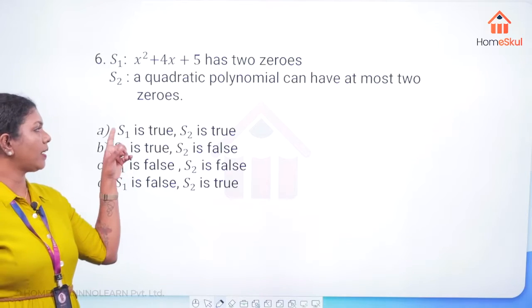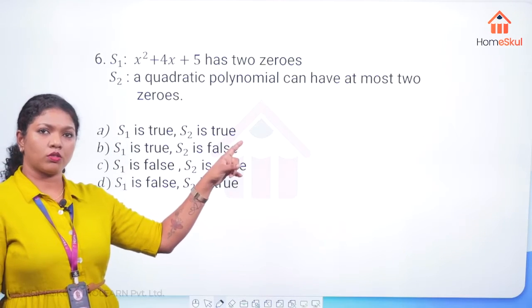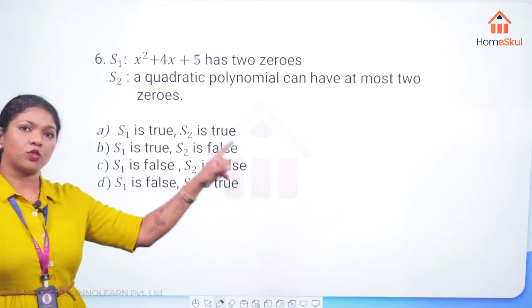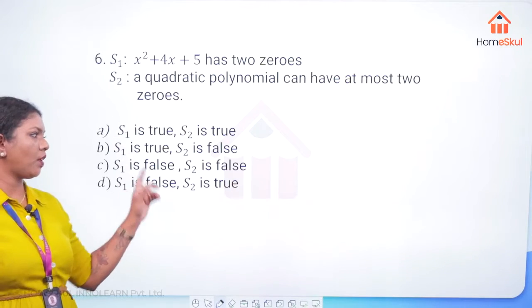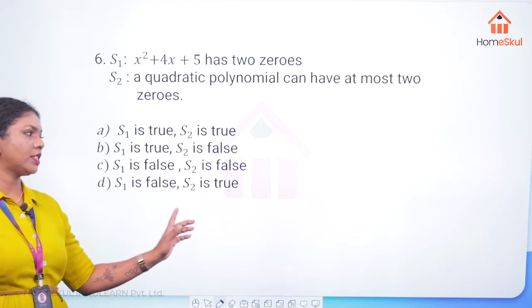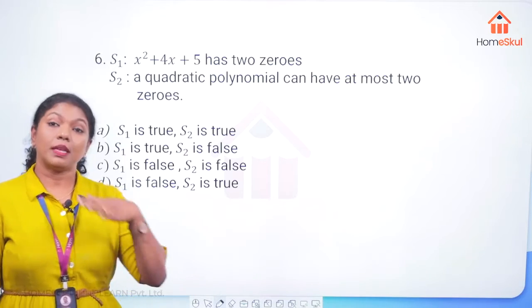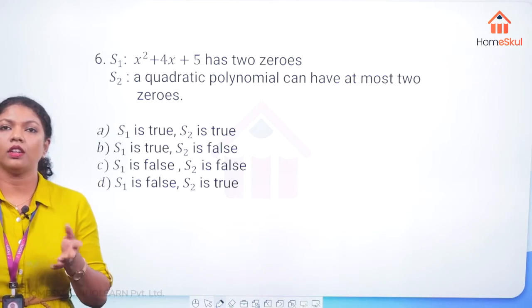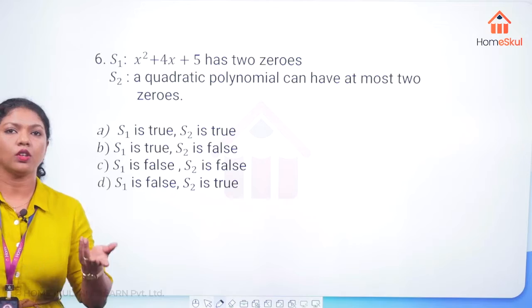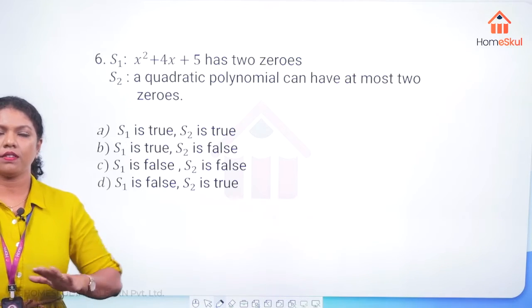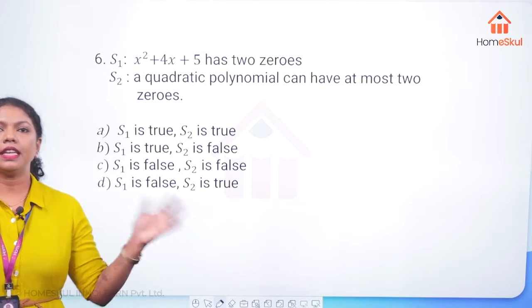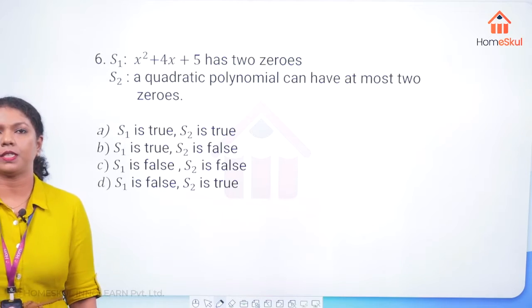The options are: S1 is true and S2 is true. S1 is true but S2 is false. S1 is false, S2 is false. S1 is false but S2 is true. That means we have to find out which statements are true and which one is wrong. Then we can choose from the given options.